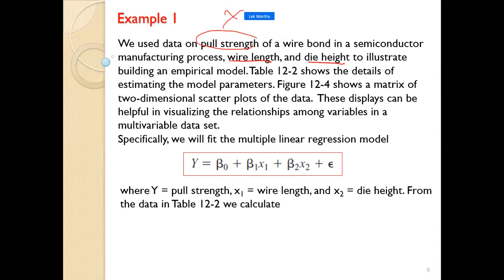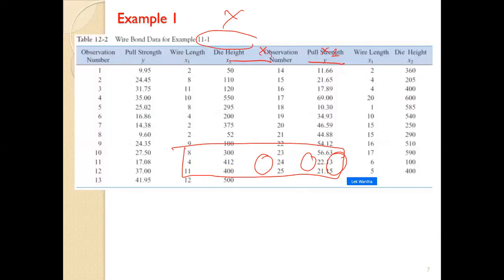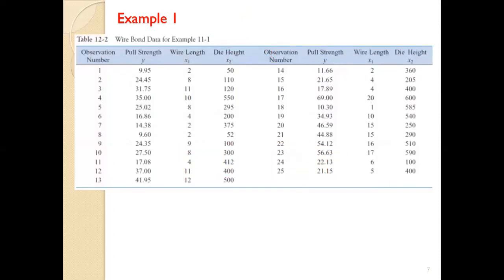This is y, and these are represented by x1 and x2. Y depends on x1 and x2 in terms of a linear equation. We represent it as y equal to beta 0 plus beta 1 x1 plus beta 2 x2, right? And we have some error. The data is shown here.